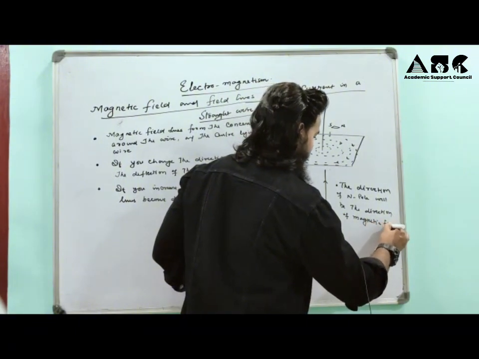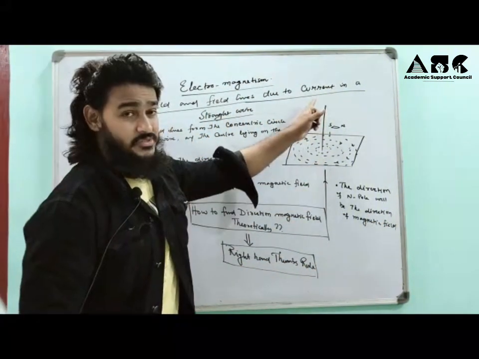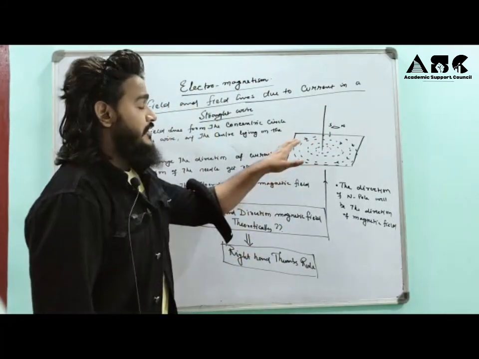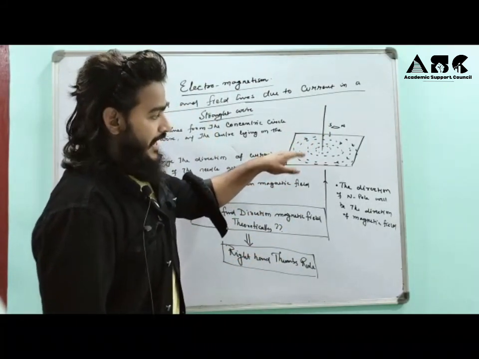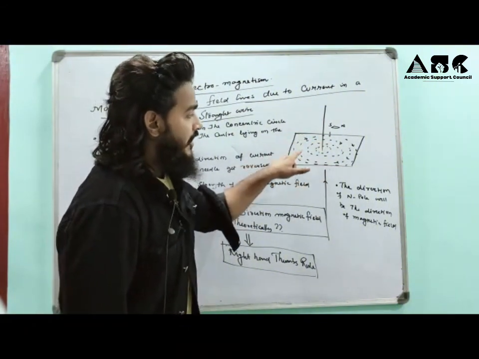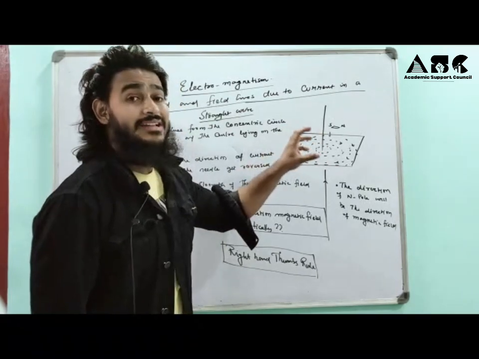Okay, is it clear? Suppose current is passing through this wire and you tap the cardboard, all the iron filings will be arranged in a way that looks like a circle.